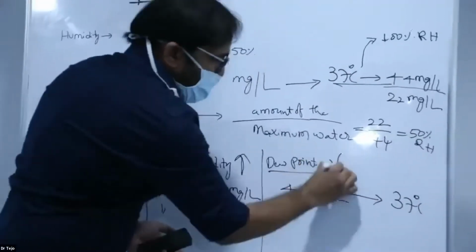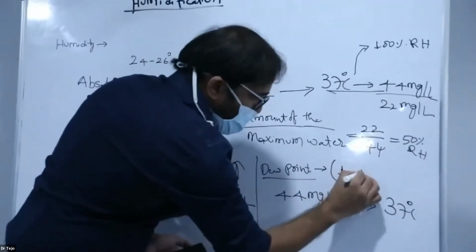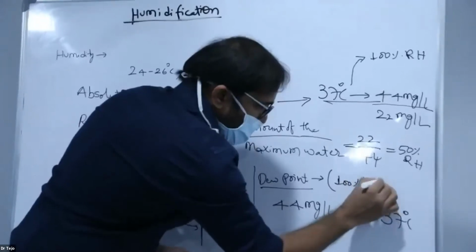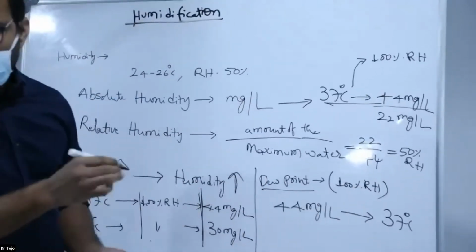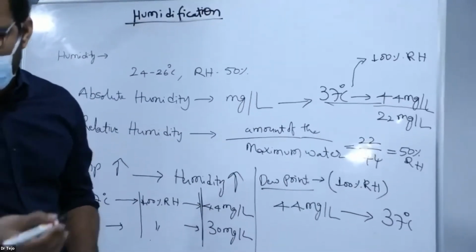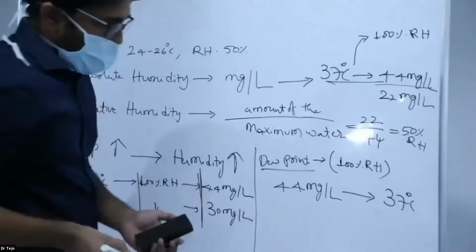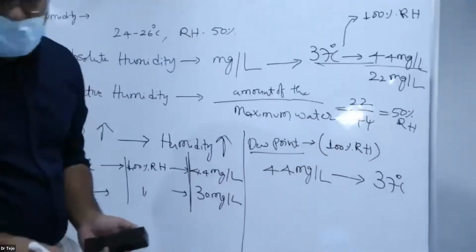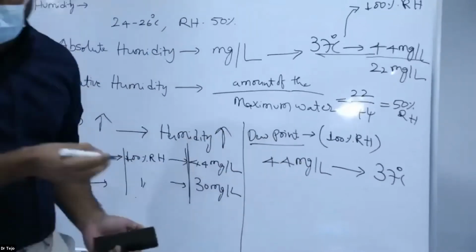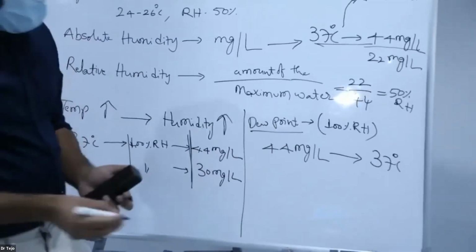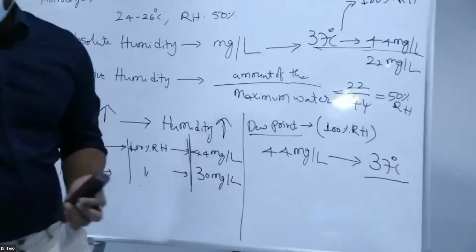This is nothing but 100% relative humidity. The temperature at which the gas is maximally saturated is called the dew point. This is nothing but 100% relative humidity. Like at 44 mg per liter of humidity, the gas is maximally saturated at 37 degrees centigrade.